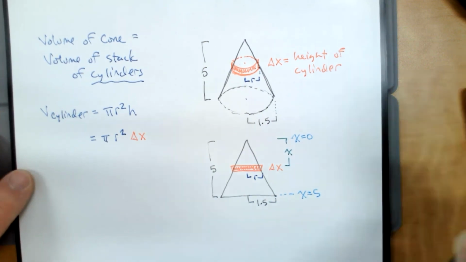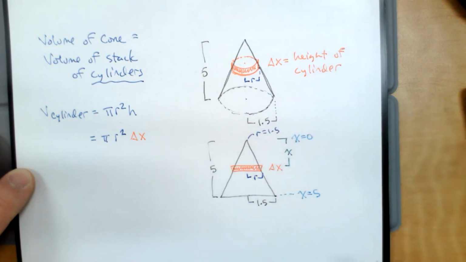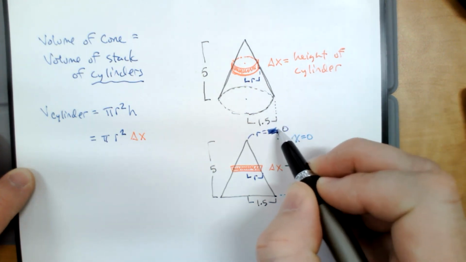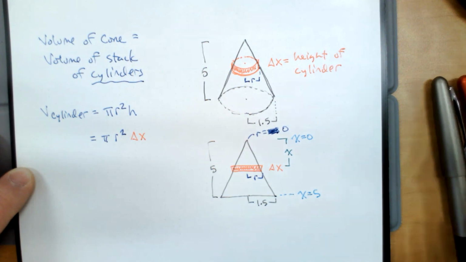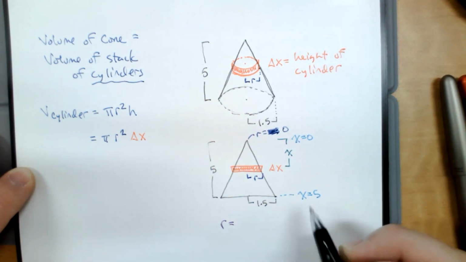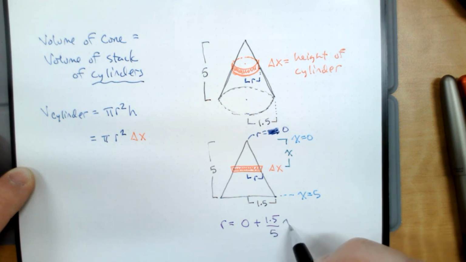Notice at the top, our radius is 0, and at the bottom, our radius is 1.5. So our radius in terms of x starts off at 0 and increases by 1.5 in 5 units.